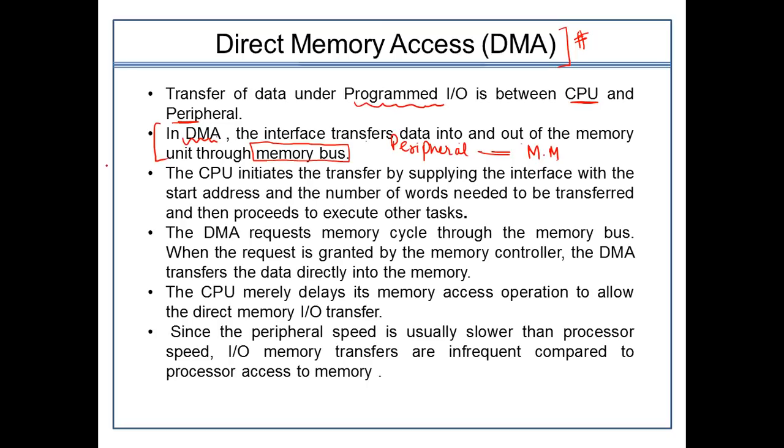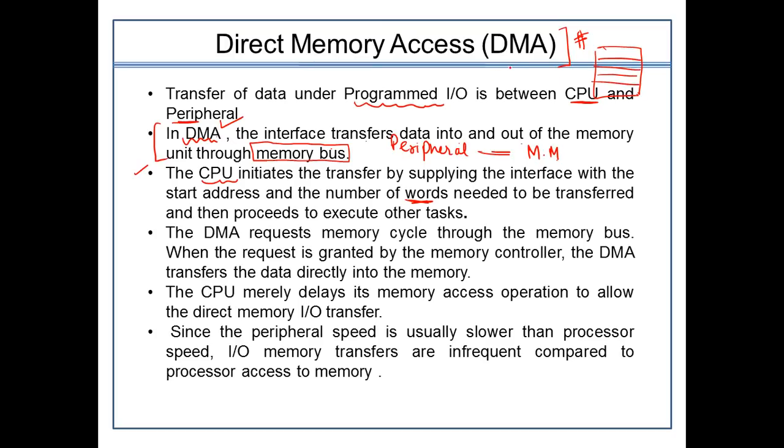So how does this entire process take place? The CPU always initiates such a transfer. The involvement of the CPU remains here. The CPU will supply the interface with the start address as well as the number of words to be processed. We know that in memory the data is stored in the form of words.